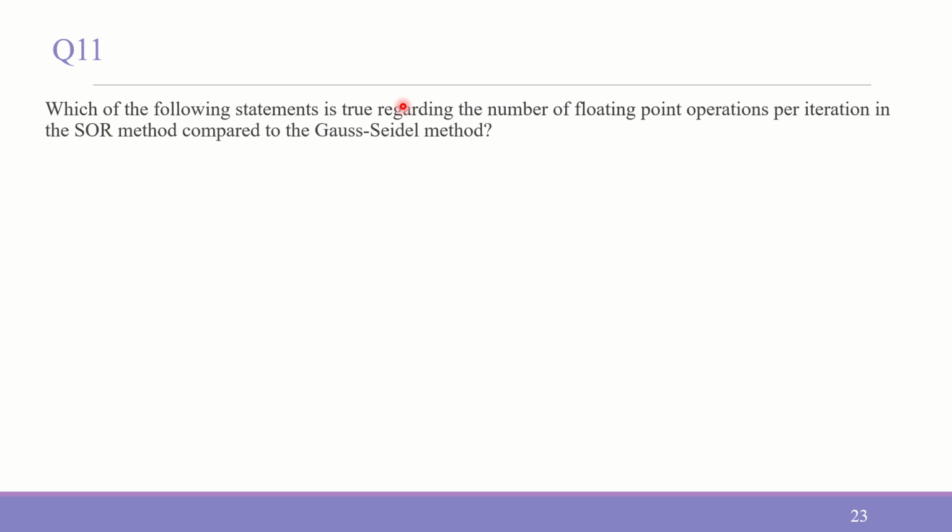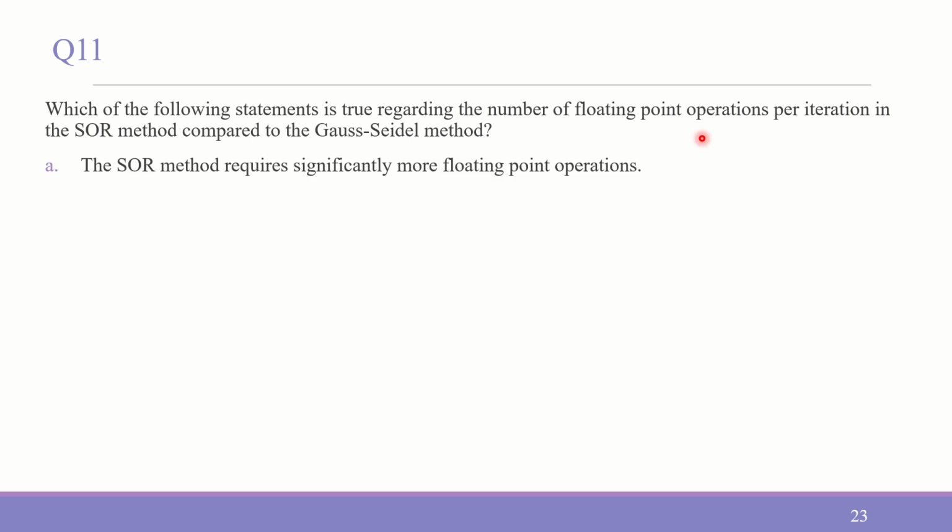Which of the following statements is true regarding the number of floating point operations per iteration in the SOR method compared to the Gauss-Seidel method?